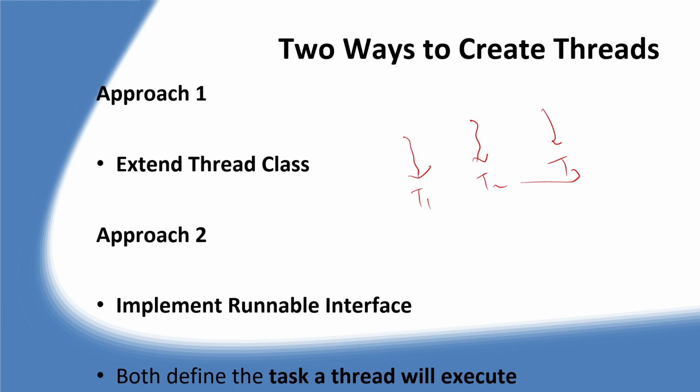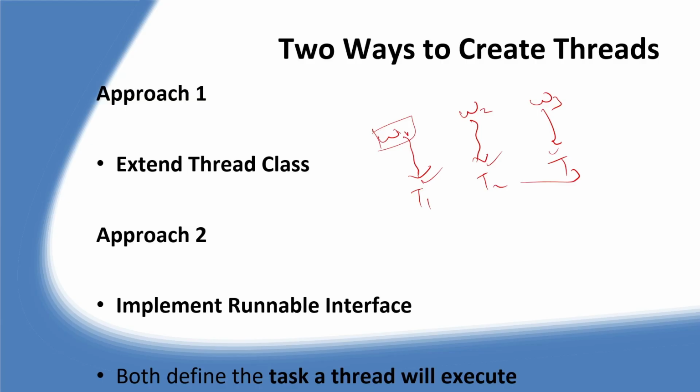Let's say T1 thread will do W1 work, T2 thread will do W2 work, and likewise T3 will do W3 work. So we need to define what work each thread will do. First, let's see how to create threads.